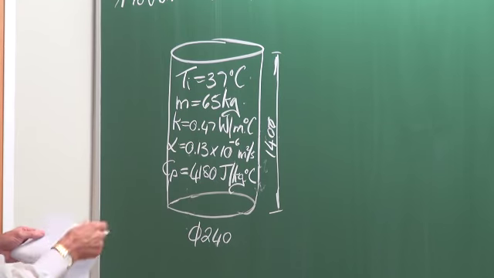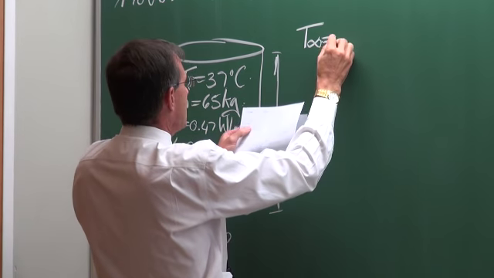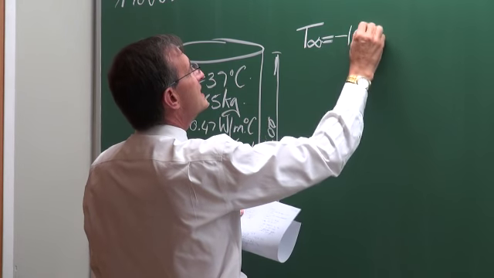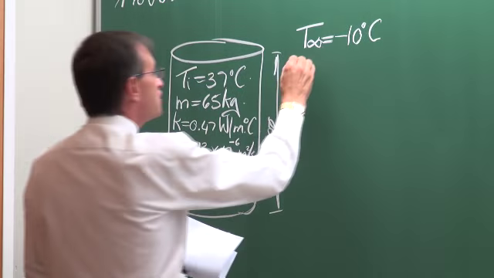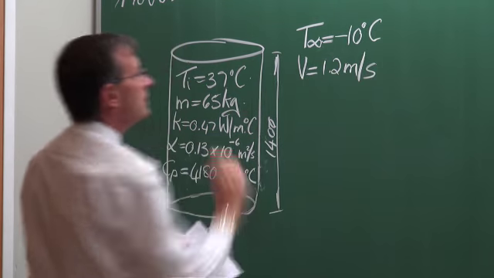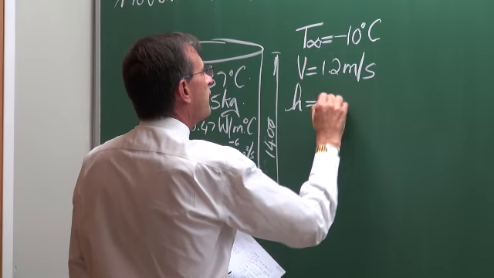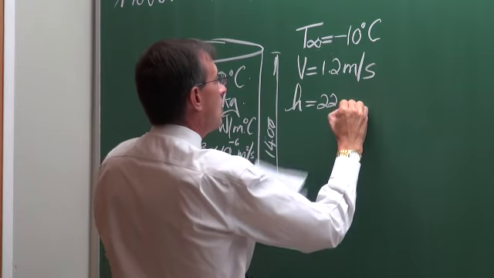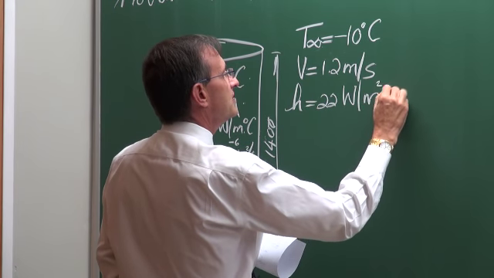Right. On the outside, we have refrigerated air at a temperature of minus 10 degrees Celsius, with a velocity of 1.2 meters per second. And the heat transfer coefficient is about 22 watts per square meter degrees Celsius.